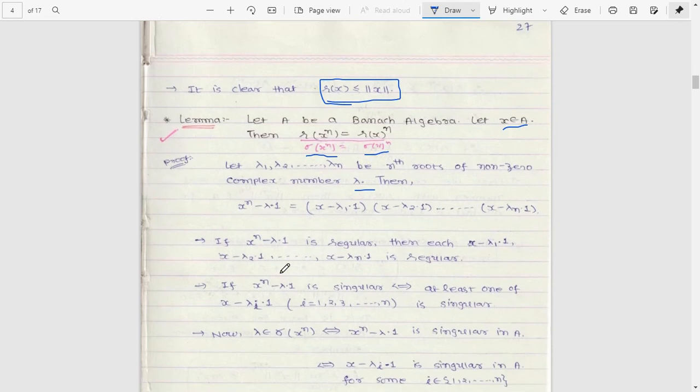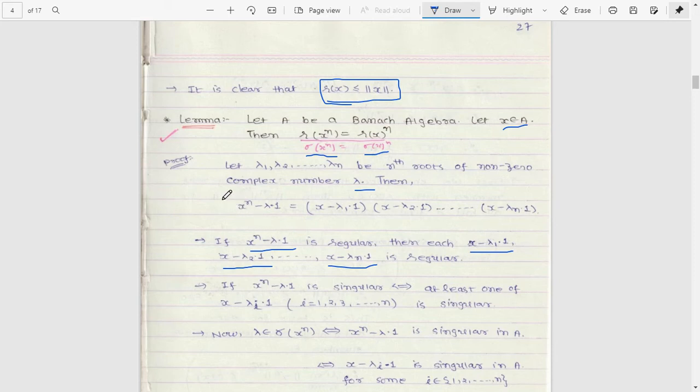If x raised to n minus lambda into 1 is regular, then each of x minus lambda 1 into 1, x minus lambda 2 into 1, up to x minus lambda n into 1 is regular.